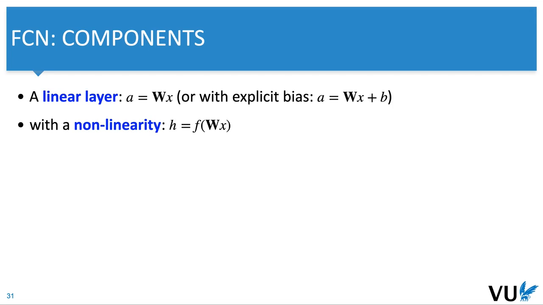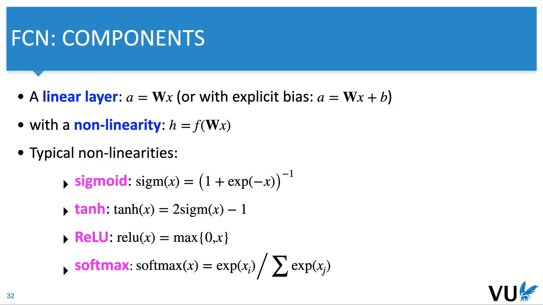Another part is nonlinearity. Here we talk about sigmoid, but of course we can use other nonlinearities. That's why we say that the final hidden neuron is a combination of a nonlinearity applied after matrix multiplication in a linear layer. What are typical nonlinearities?